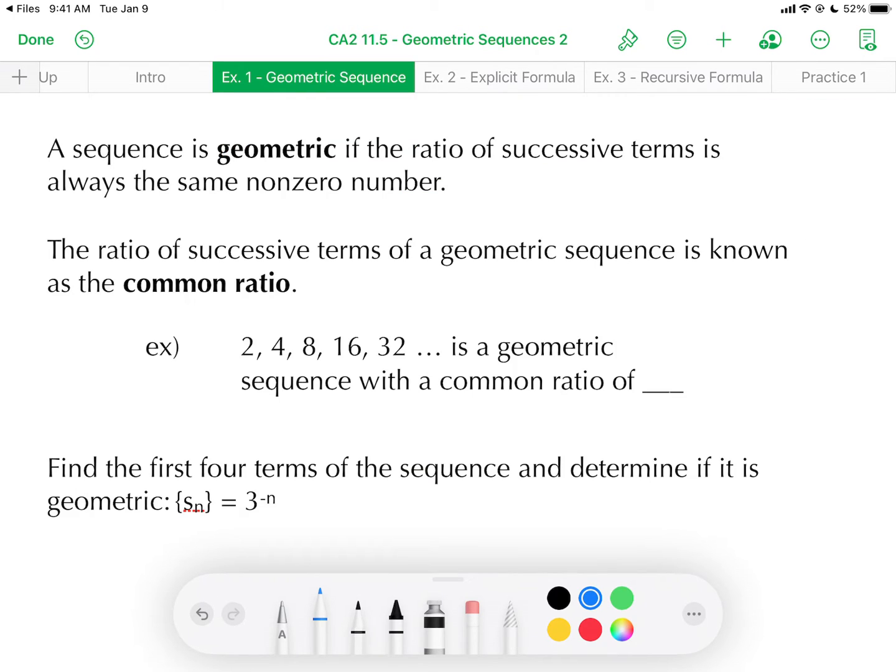Okay, so a sequence is going to be geometric if the ratio of successive terms is always the same non-zero number. What operation does ratio imply? Multiplication? What? No, ratio is division.